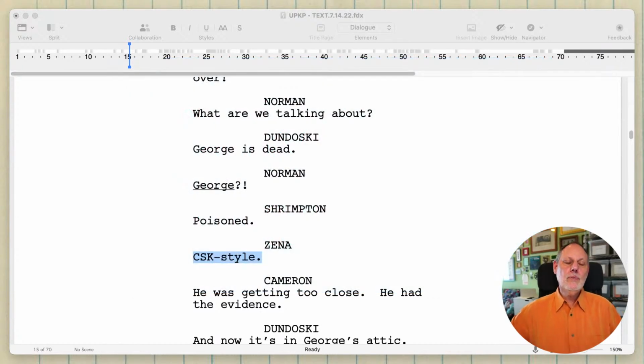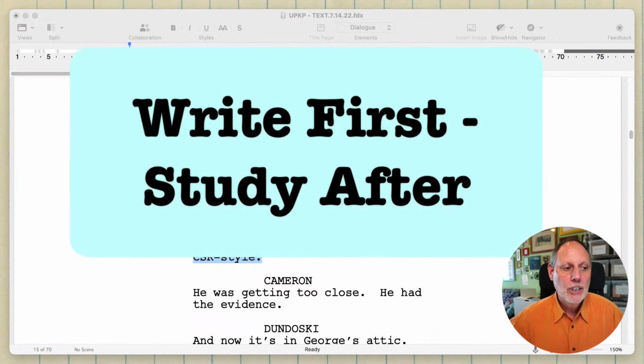Then the next thing you do, study as many of these how-tos as you feel up to it, except, and this is vital, write first, study after.